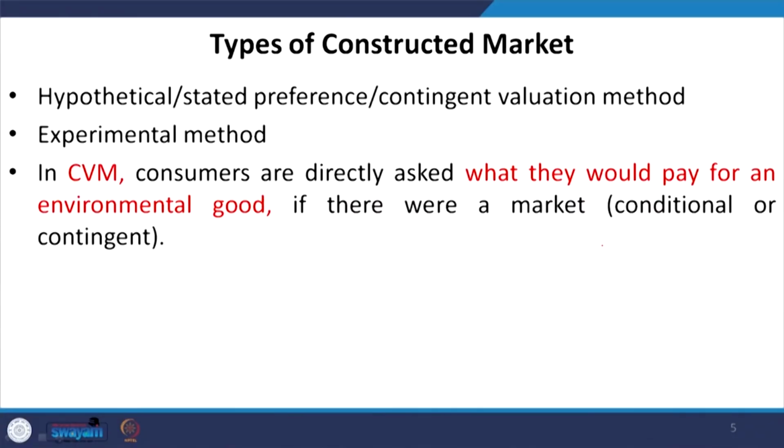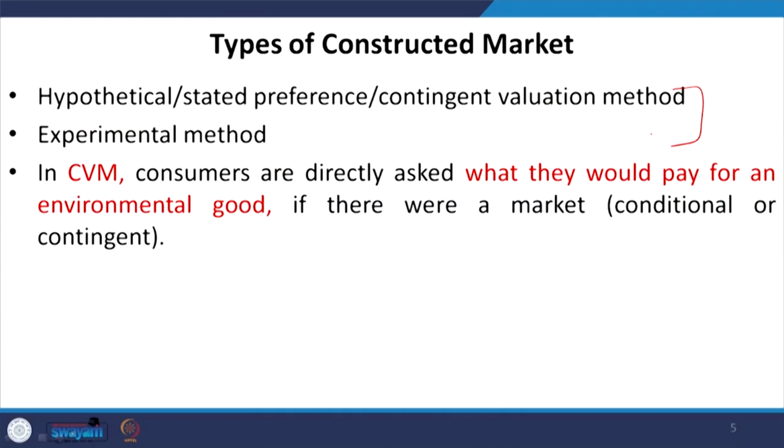So, these are the two types of constructed market. Now let us explore what exactly is meant by the hypothetical market or contingent valuation market and the experimental market. In the contingent valuation method, consumers are directly asked what they would pay for an environmental good.